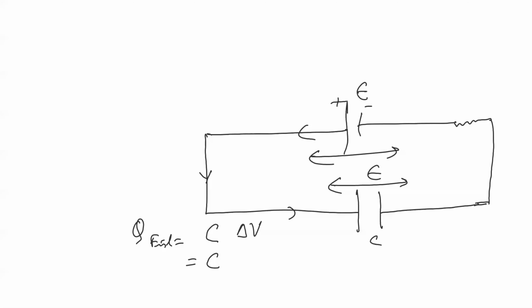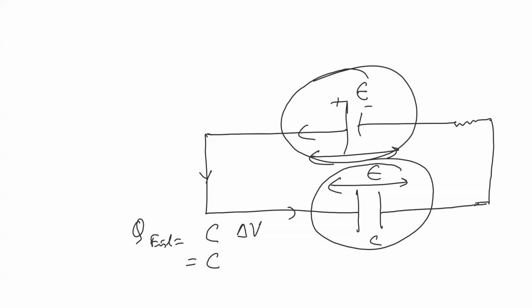So assuming that terminal voltage is equal to the EMF, since there is no internal resistance, we can say this entire EMF will be coming finally to the capacitor. So that's the role of the battery. In that case, it will be C into delta V, and delta V is E. So this is Q final. So energy stored in the capacitor will be how much? Half C E square.